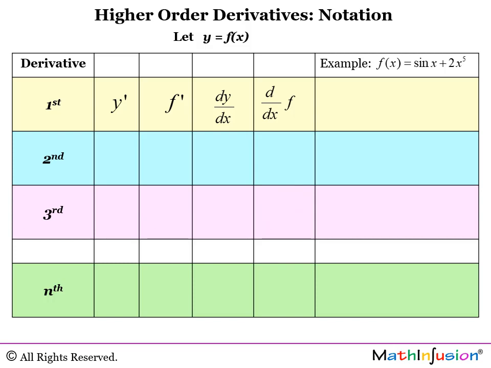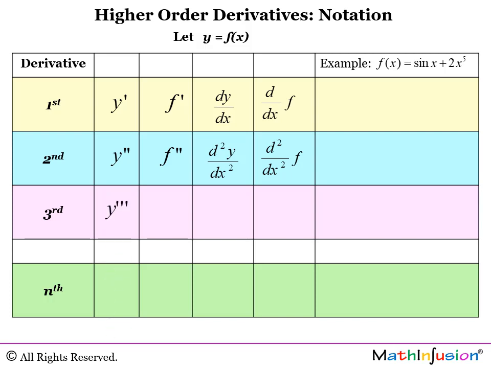The second derivative is y double prime, f double prime. And using the Leibniz notation, it's d to the power of 2 y over dx to the power of 2, or d to the power of 2 over dx to the power of 2 of f. But we just say second derivative of f.